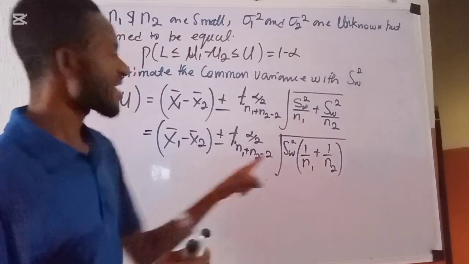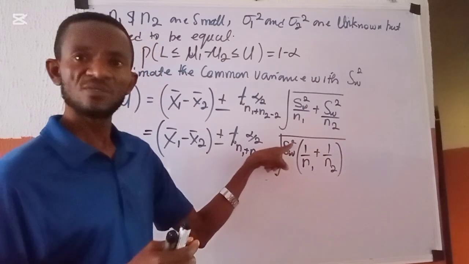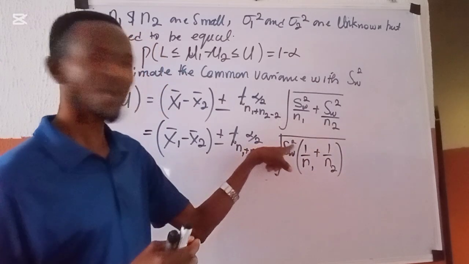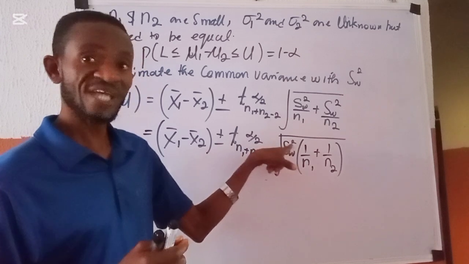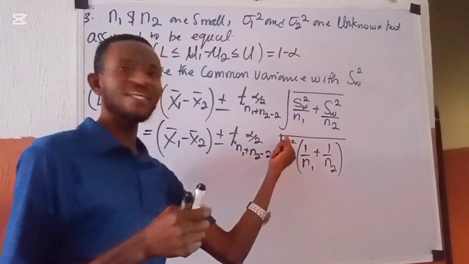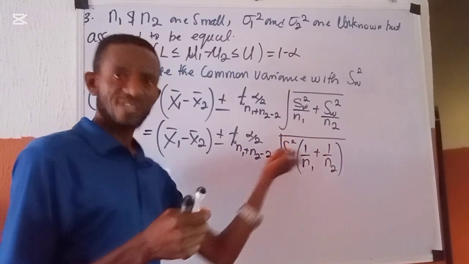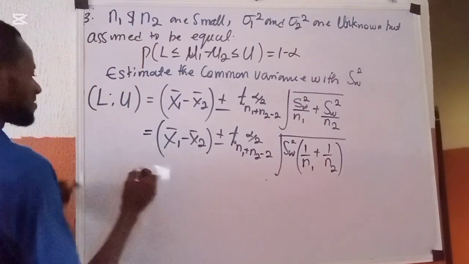Now, remember that you are taking the square root of something that is raised to power 2 inside. So if you are taking the square root of something that is squared inside, of course, that thing comes outside fully. So this formula can fully be written out.